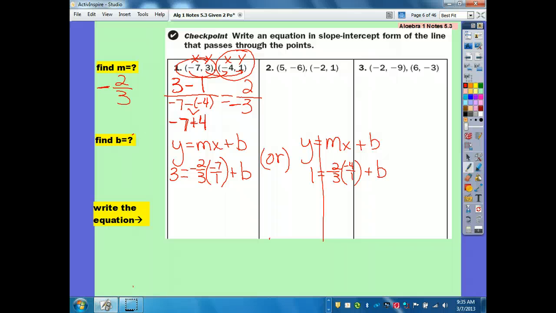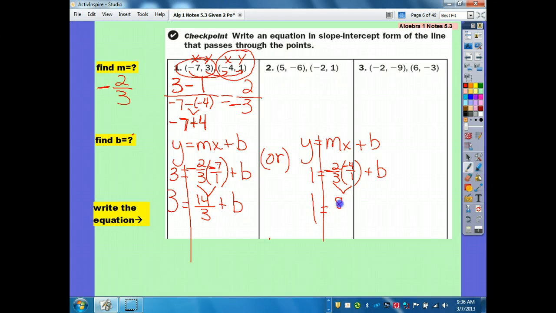Well, the first thing we need to do is multiply these two, no matter which one you did. Correct? Now, if you multiply those, leave them as fractions, sometimes it's a lot easier. This side stays the same. A negative times a negative is a positive. 2 times 7 is 14 over 3. 14 over 3 plus b. Now, if we go over here, a negative times a negative is still a positive.